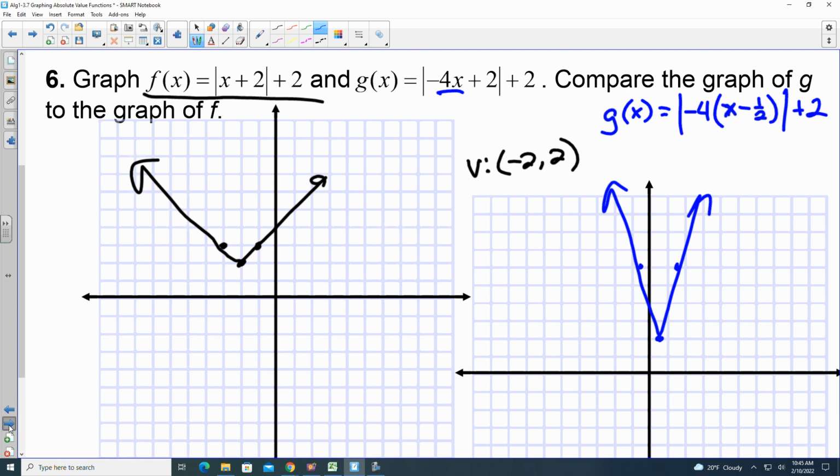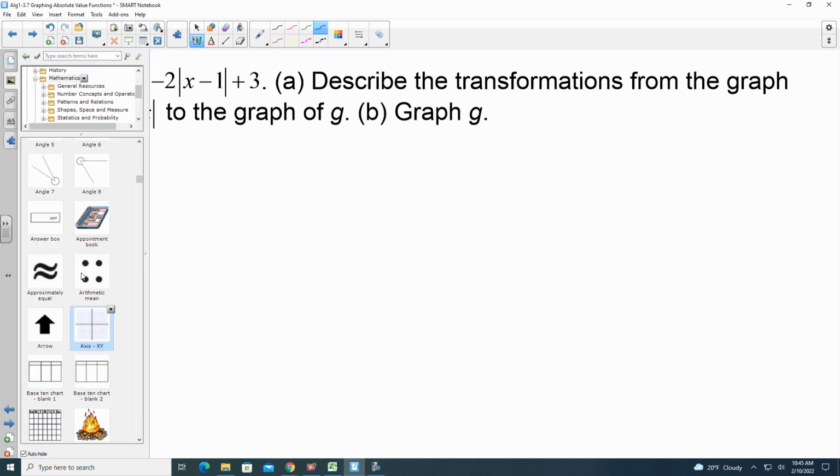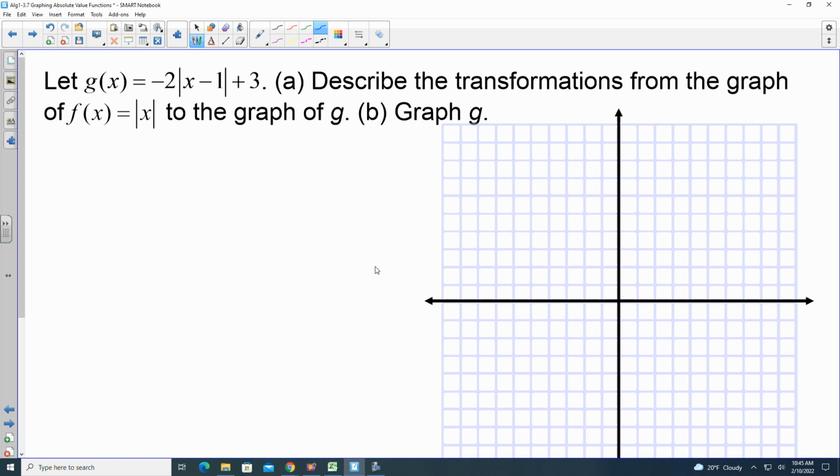All right, so the final graph that we're going to look at is this one here. This one shows a graph that's more in standard form because you have the x by itself. And again, I just want to graph it. So in this particular one, my vertex is going to be located at +1 comma 3.